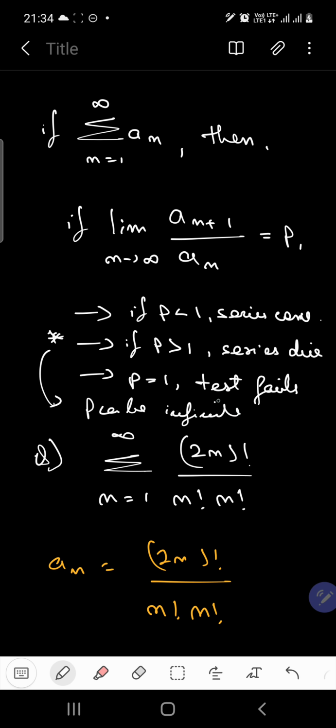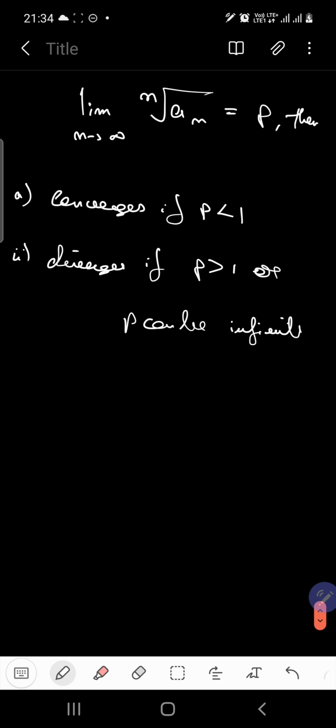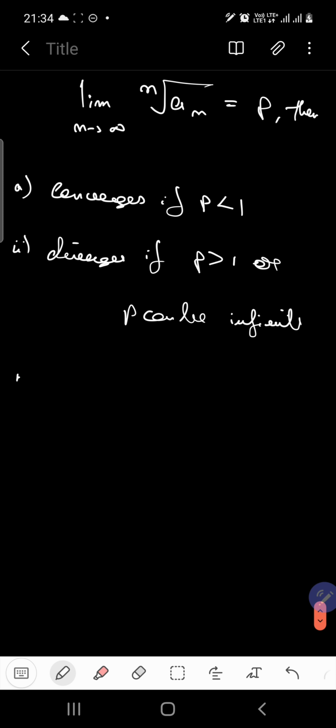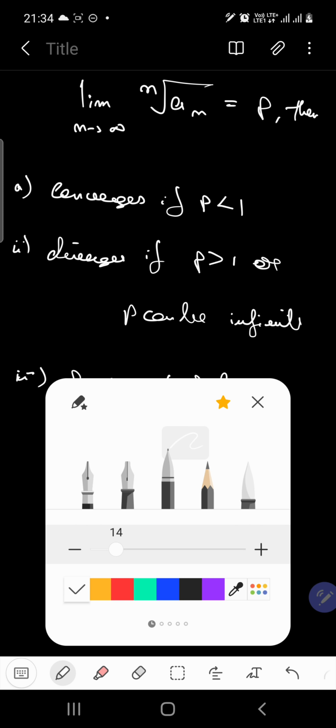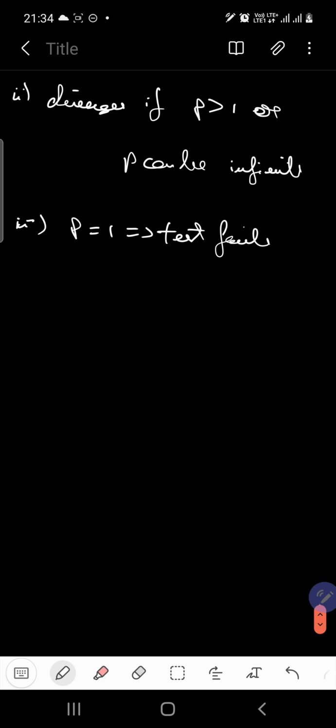That is, if p is infinite, then also it will be diverging. Clear? And third one is p equals 1 implies that the test fails. Not applicable if p equals 1. Clear? Let's check a problem. This much is clear, I guess.